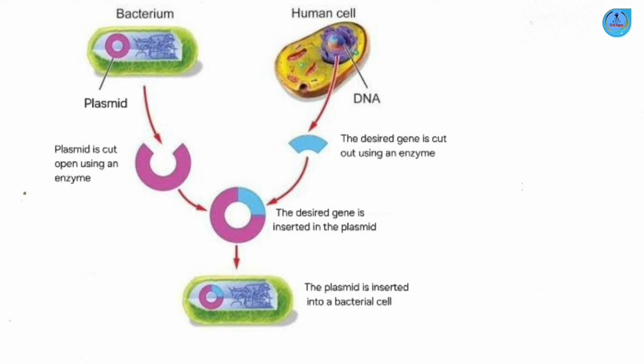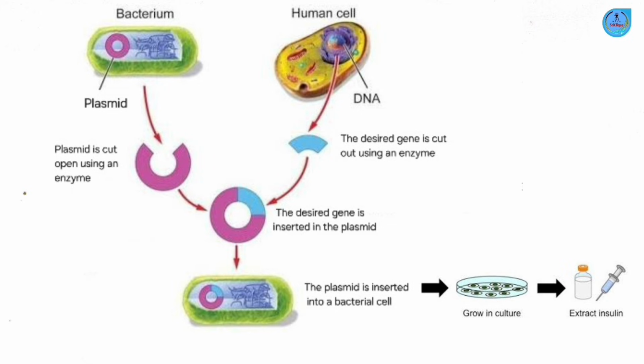Scientists found a way to isolate the specific human gene that codes for the production of insulin. Essentially, they found the gene in humans that leads to the production of insulin. They took this gene and introduced it into the plasmid of a bacteria. This modified plasmid was then introduced into host bacterial cells.